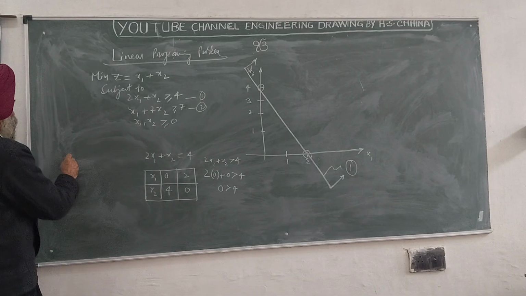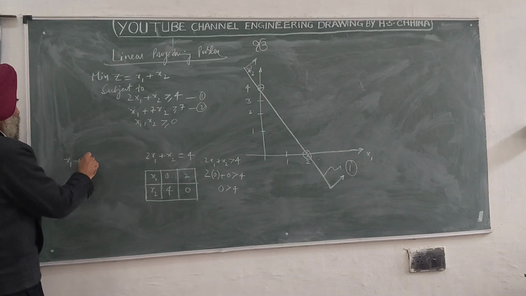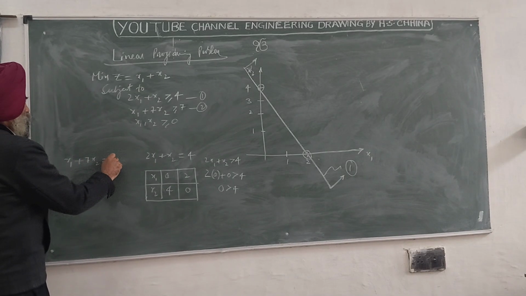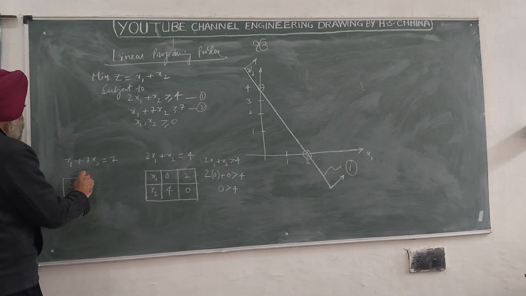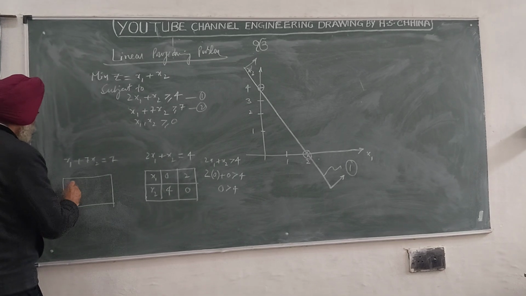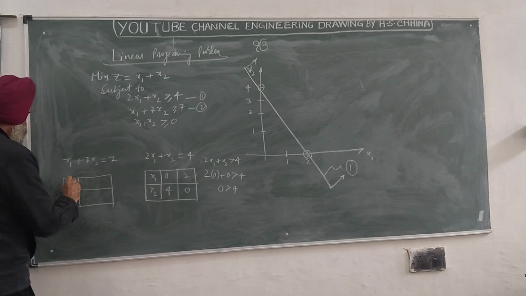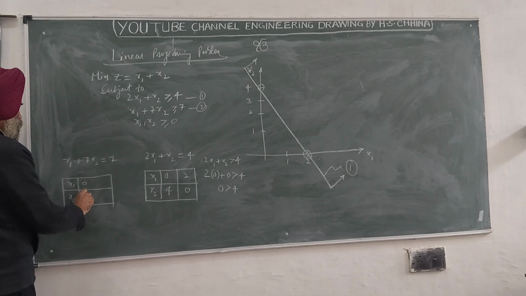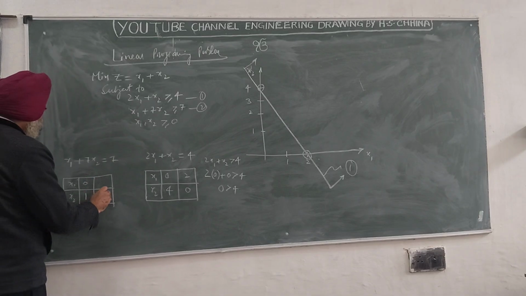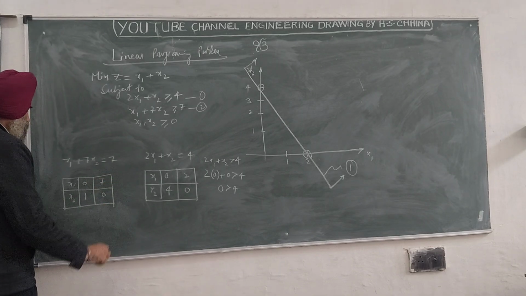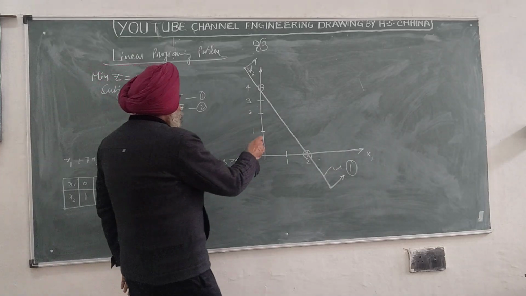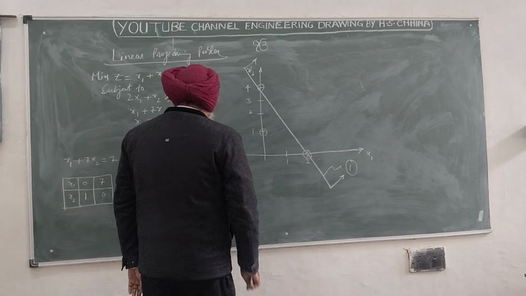Go to the constraint 2. x1 plus 7x2 is equal to 7. Again, because it is linear in nature, we will identify the extremity points. When x1 is 0, x2 is 1. When x2 is 0, x1 is 7. So 0, 1 is the point.